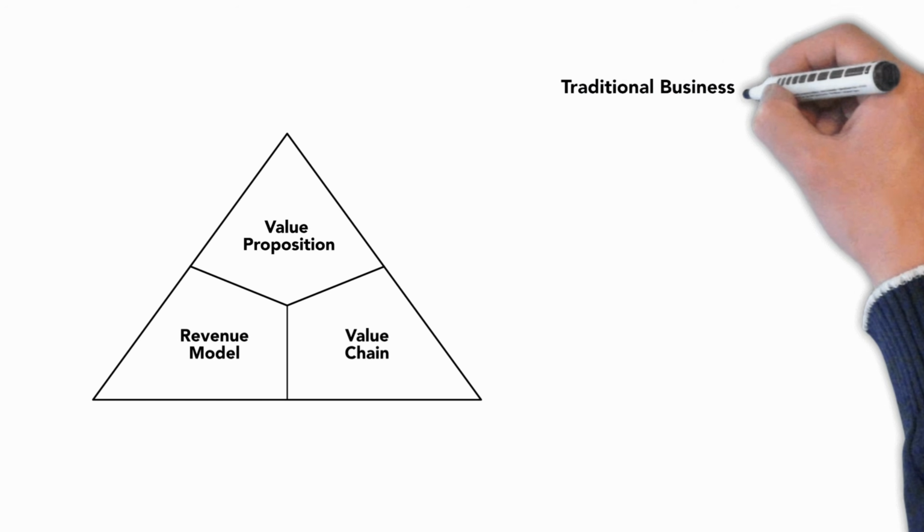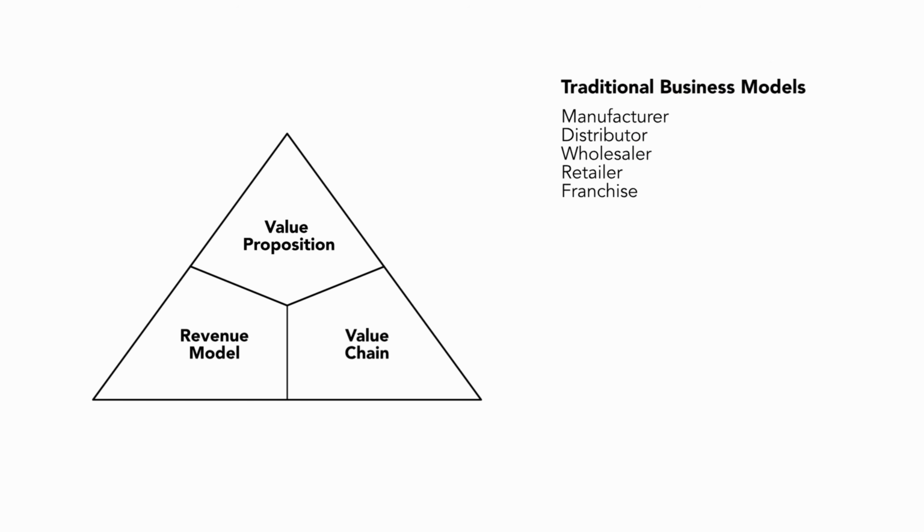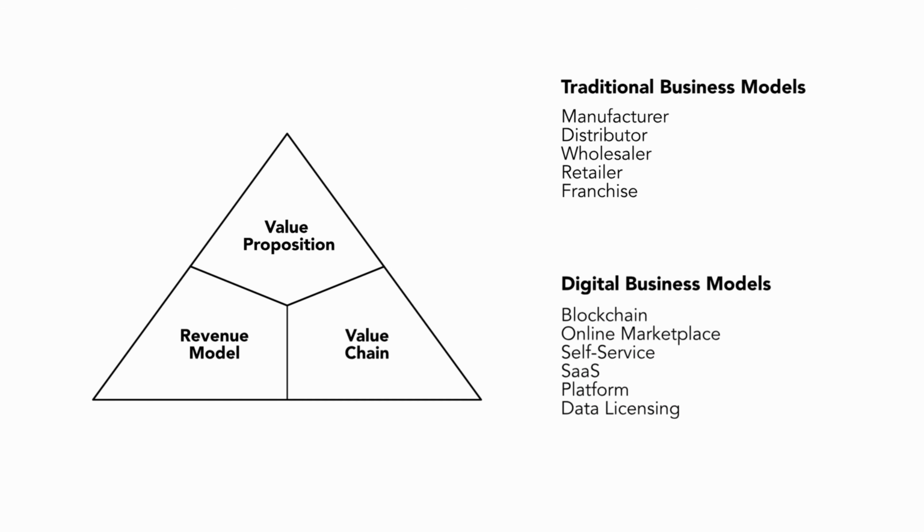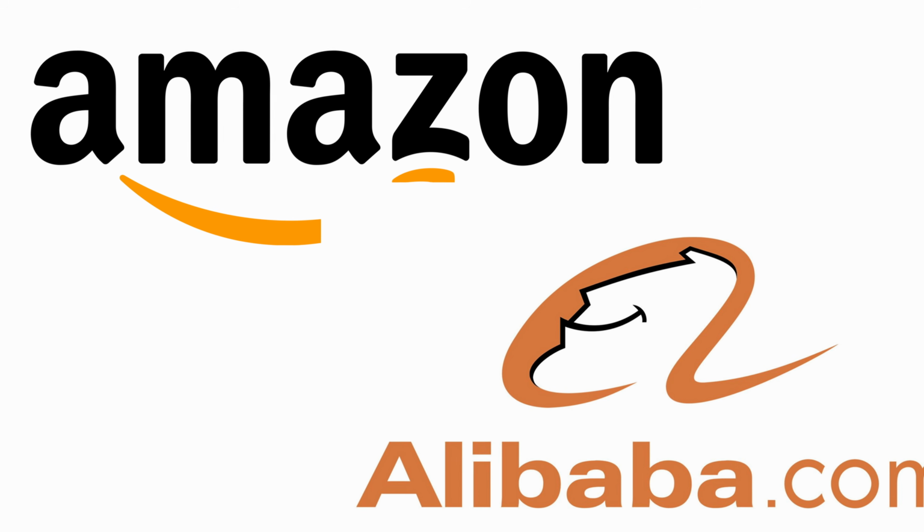There are the established ones like manufacturer, distributor, retailer, and franchisee, to digital business models like blockchain, online marketplace, software as a service, data licensing, and of course there are a number of different hybrid models in between. An organization can have more than one business model. For example, a traditional manufacturer may set up a separate online brand to trade on Amazon or Alibaba.